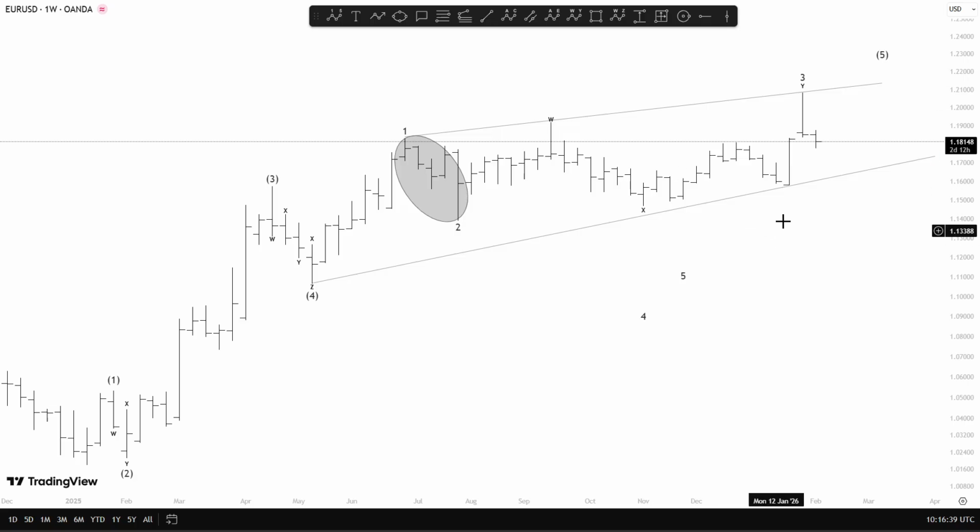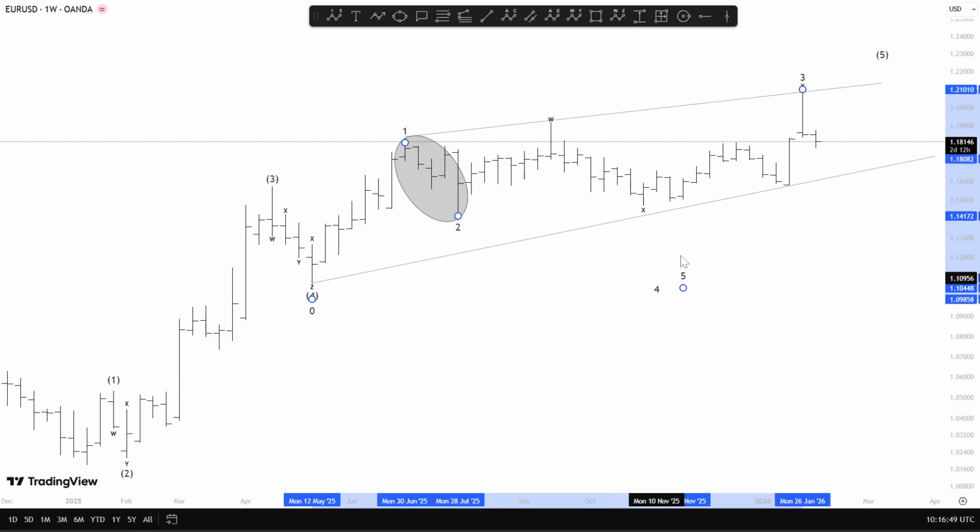And after wave 3, we have wave 4. And now we are currently in wave 4, right? We are currently in wave 4.